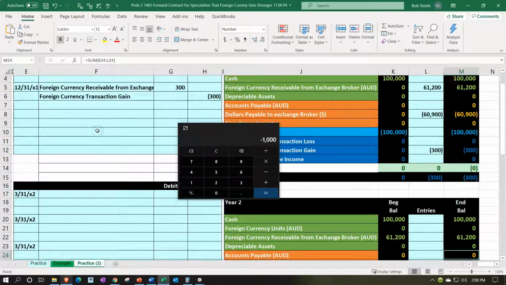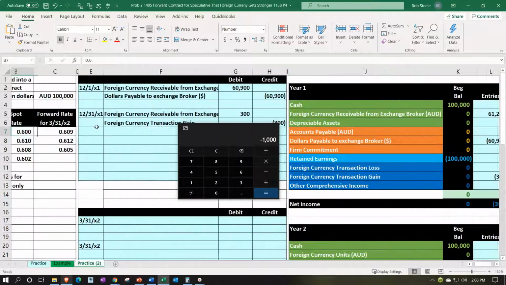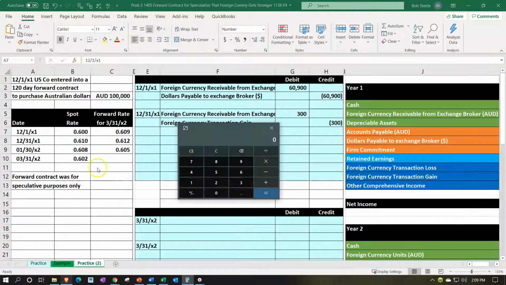The other way we'll figure that, which we'll do in Excel, is we could say, okay, what's the new rate, which is 0.602, minus what it was at the last point, which was this forward rate, 0.612. That's what we used to value it as of 12/31, the end of the year, minus the 0.612 times the 100,000. So there's the 1,000.